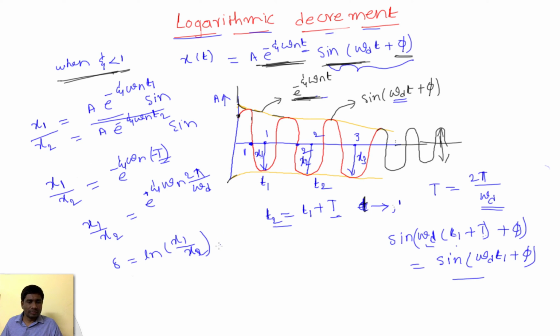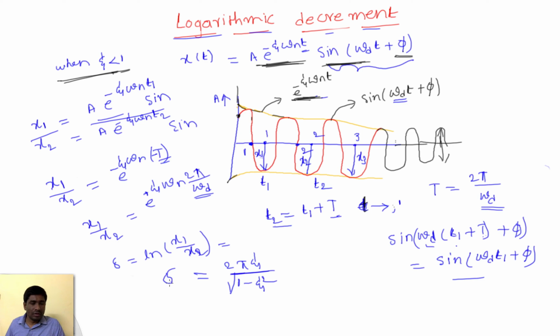That equals zeta into omega n into 2 pi by omega d. Already we know omega d equals omega n into square root of 1 minus zeta square. If I substitute that, it becomes 2 pi zeta by square root of 1 minus zeta square. So this is the final solution.